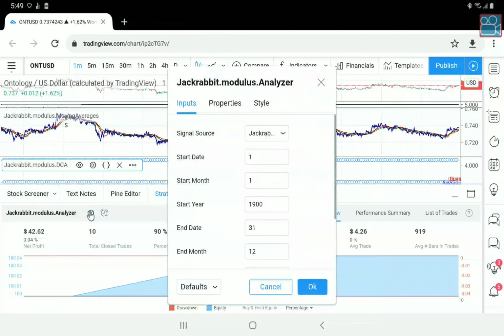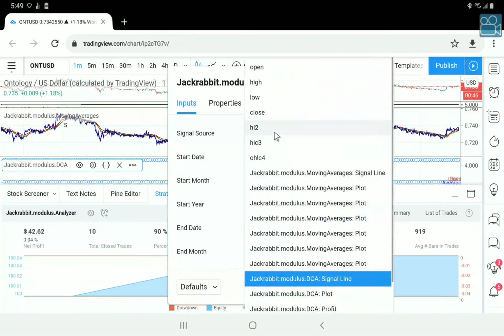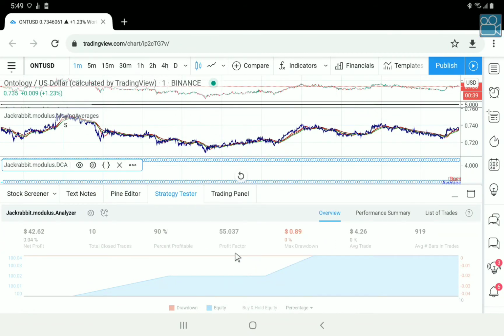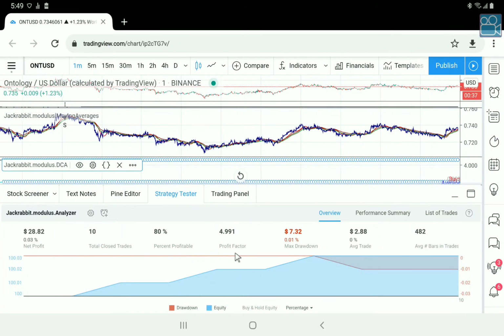But what happens if you use just a strategy by itself? Just the moving averages. You don't get anywhere near as much.